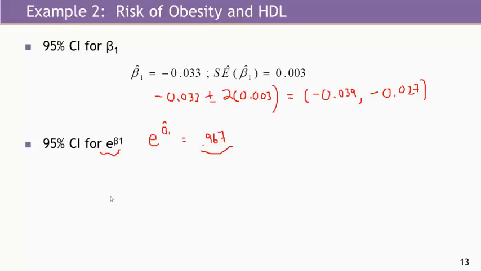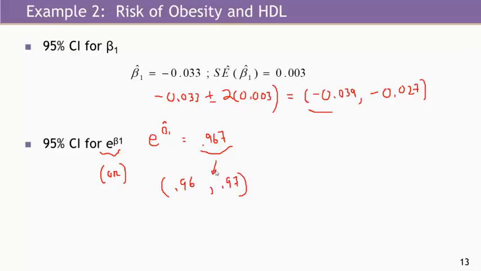So if we actually get the 95% confidence interval for the population level odds ratio of obesity per 1 unit change in HDL cholesterol level, and we exponentiate these endpoints up here, if you take e to the negative 0.039, you get roughly 0.96, and if you take e to the negative 0.027, you get roughly 0.97. This is between those two, but not perfectly symmetric because we're on the ratio scale.